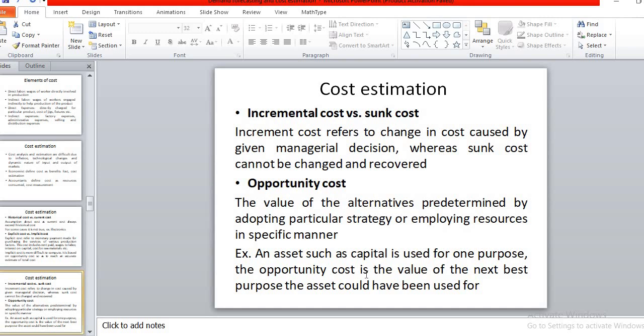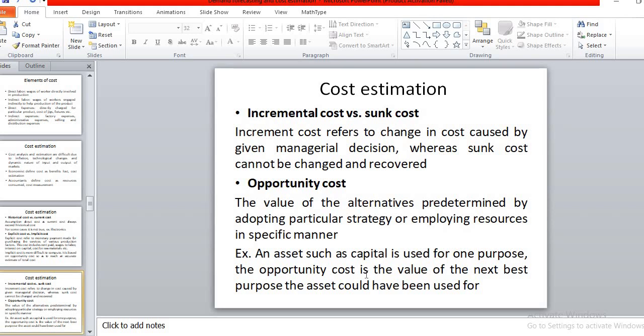Opportunity cost is the value of the next best purpose for which the asset can be used. If the asset can be used for another purpose, the value of that other purpose is the opportunity cost.